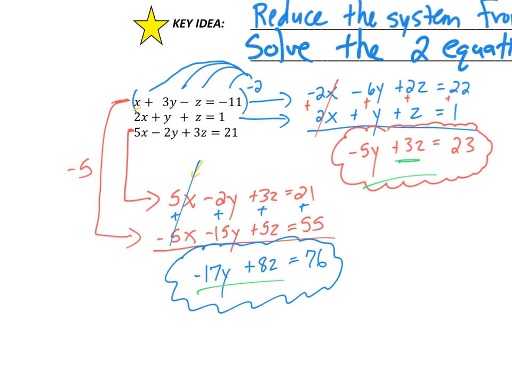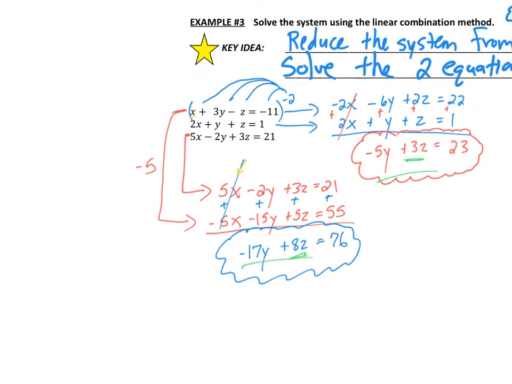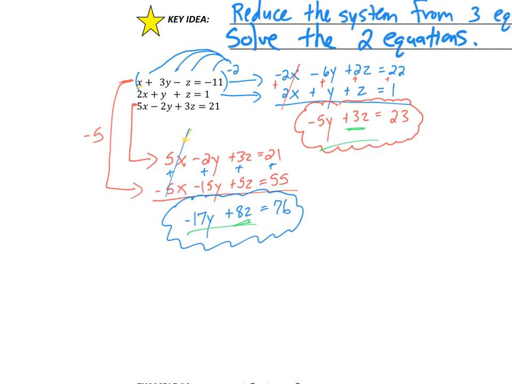What can 3z and 8z both turn into to cancel? Think of a number 3 and 8 can both go into. 24. How do you change 3z into 24? Multiply it by 8.